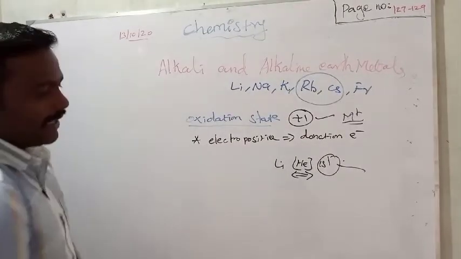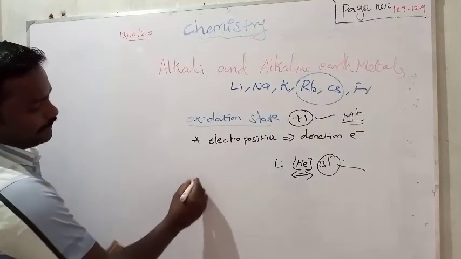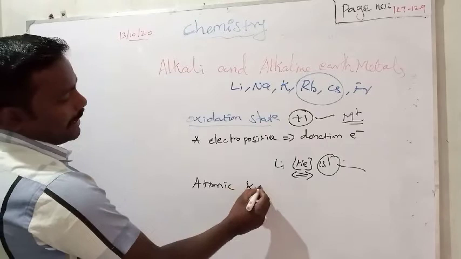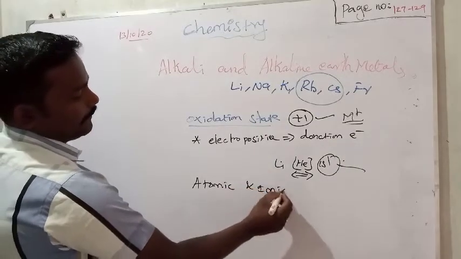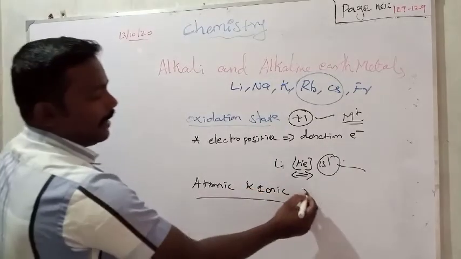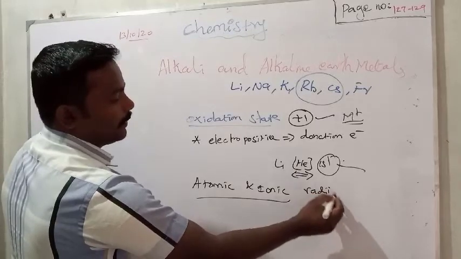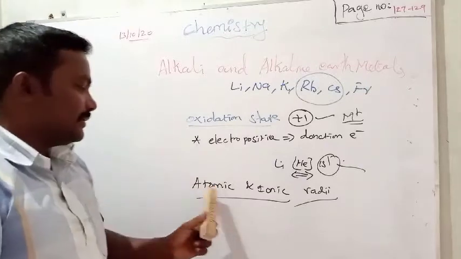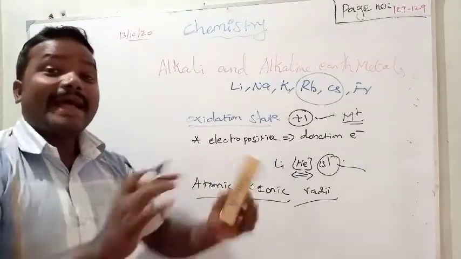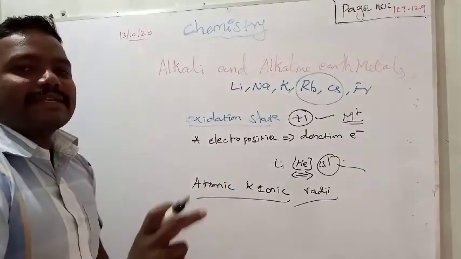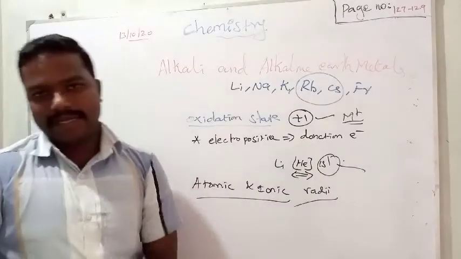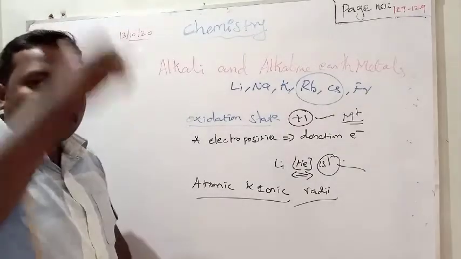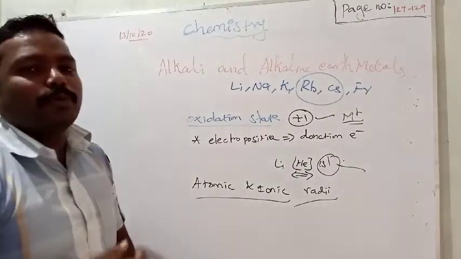And then atomic radii, ionic radii. What do you mean by atomic? See, in the atom, if you find the radius, that is atomic radii. In the ionic state, if you find the radius, that is called ionic radii. Okay. See, actually we are going to learn group-wise, that means top to bottom.